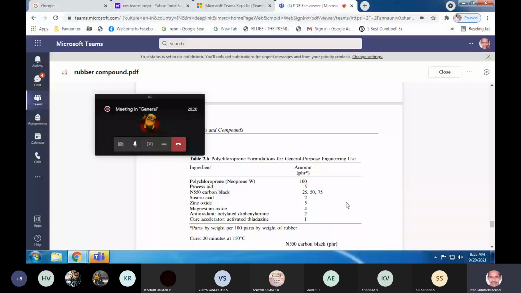Even though there are compounding procedures that would delay the low temperature stiffening, the compounder is wary about chloroprene rubber for low temperature.